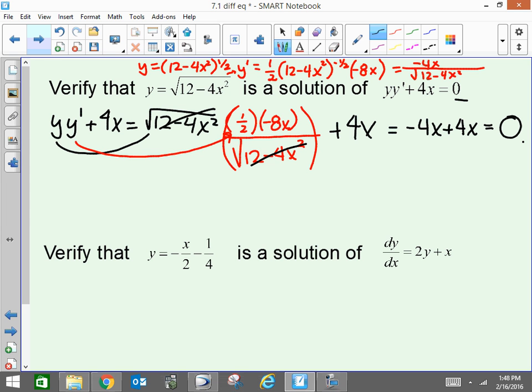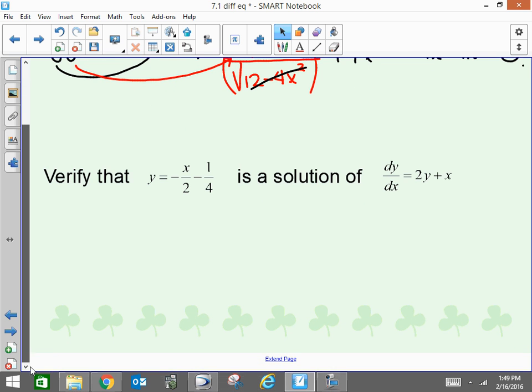You just throw them in there. If you do the y prime wrong, that would be the only thing that would go wrong here, because they're just very simple. Anybody getting lost here? Nope. All right. Try this first by yourself.